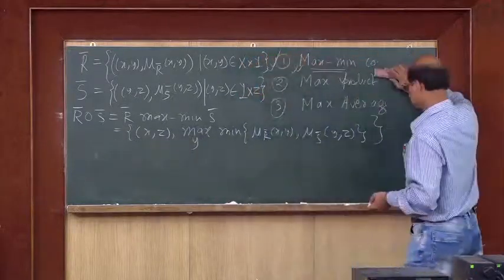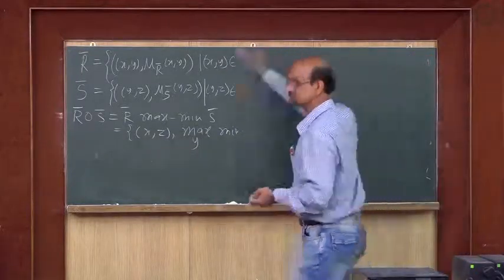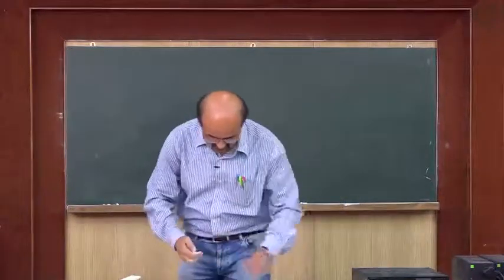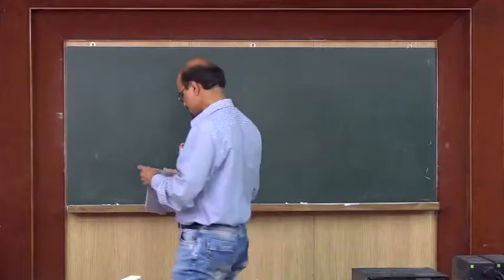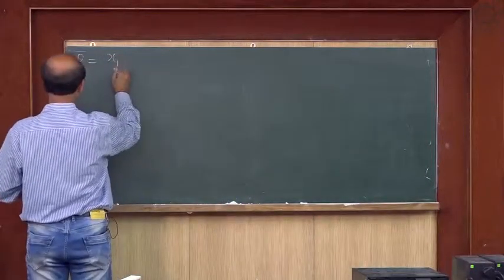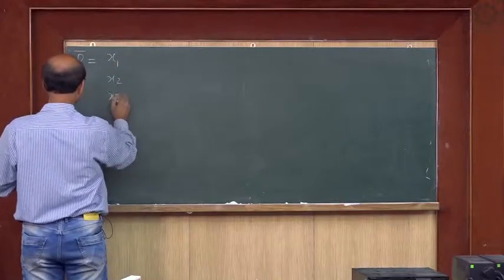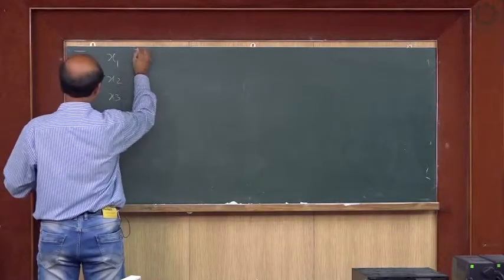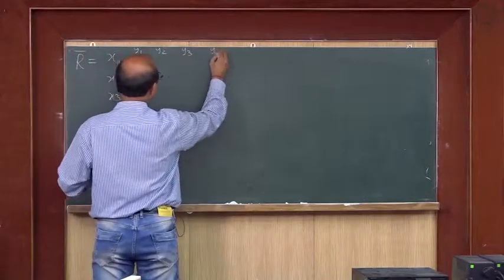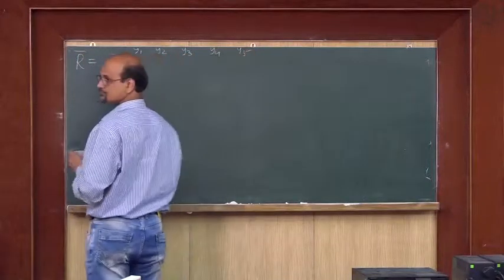That is also very simple. Suppose we have R bar from x1, x2, x3 to y1, y2, y3, y4, y5.